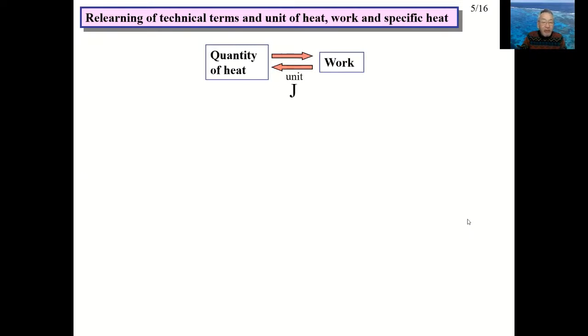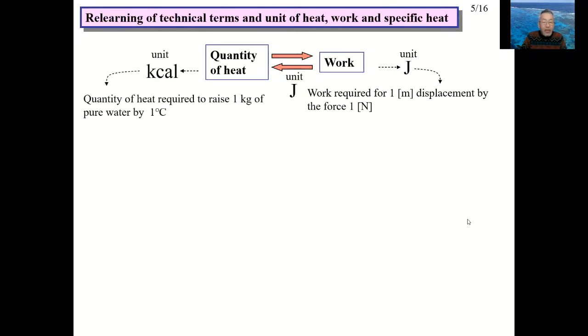So heat and work are given the same unit of joule when expressing their quantities. 1 joule is the work required for 1 meter displacement by the force of 1 Newton. Before, the heat quantity had the unit of kilocalorie. 1 kilocalorie is the heat quantity required to raise 1 kilogram of pure water by 1 degree Celsius.